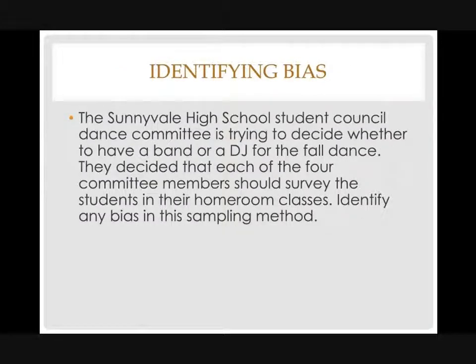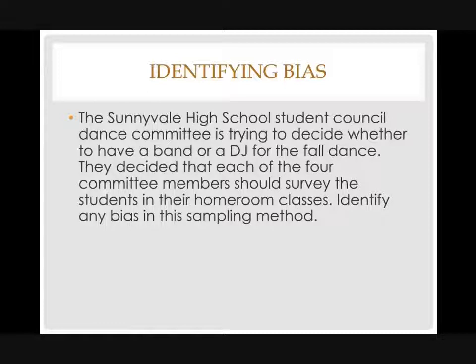So here, however, when you do stuff like this, you do have to identify potential biases. Here's an example. A Sunnyvale High School Student Council dance committee is trying to decide whether to have a band or DJ for the fall dance. They decided that each of the 4 committee members should survey the students in their homeroom classes.